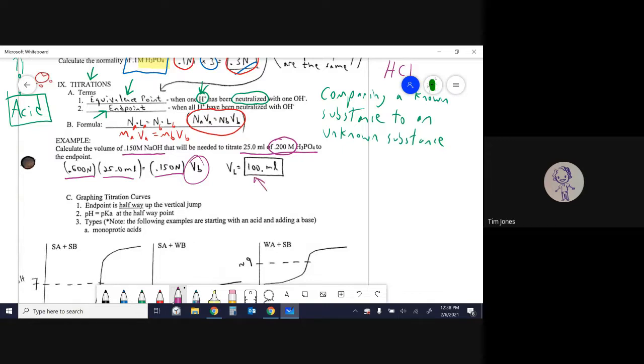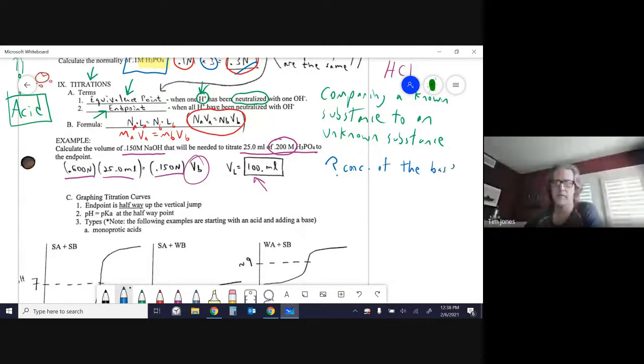The more typical question is actually not this version. The usual question, and the question that will be asked in the lab, is you'll be asked, what is the concentration of the base. And so you'll take the same equation, NaVa equals NbVb.